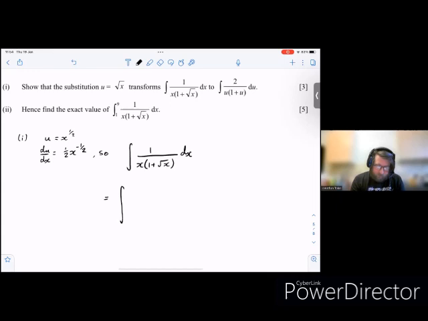So let's do all the substitutions. We've got 1 over, right, what does x equal? If we go back to the original substitution, x is u squared, isn't it? So that would be u squared times 1 plus root x.